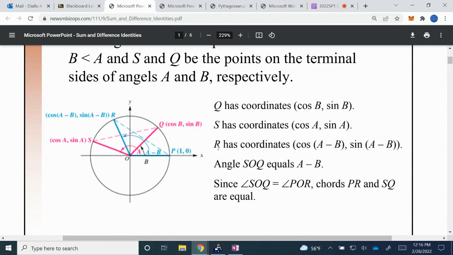We also have R. R has the coordinates cosine of A minus B and sine of A minus B. So here is R, the terminal side for the A minus B angle.